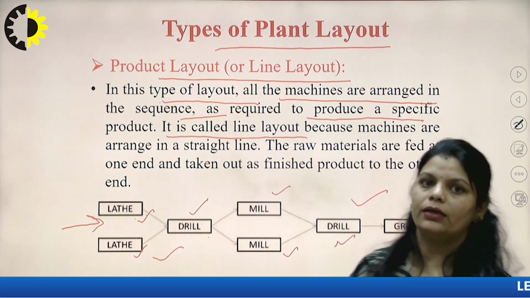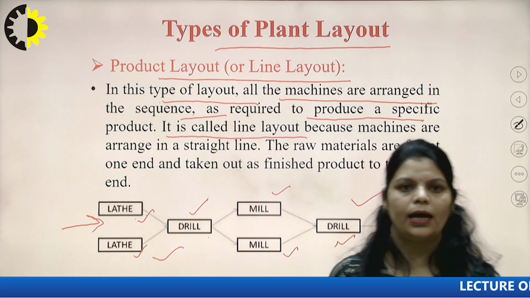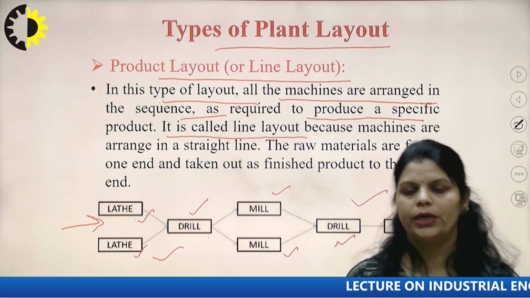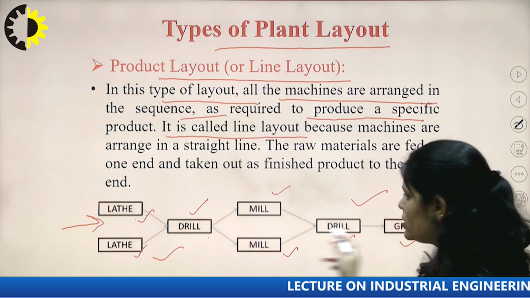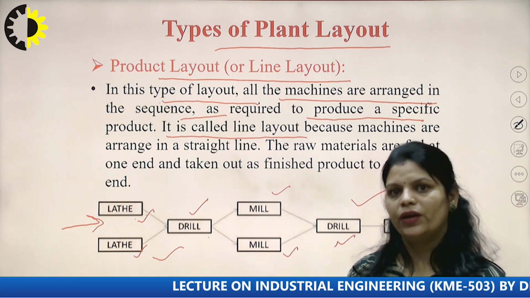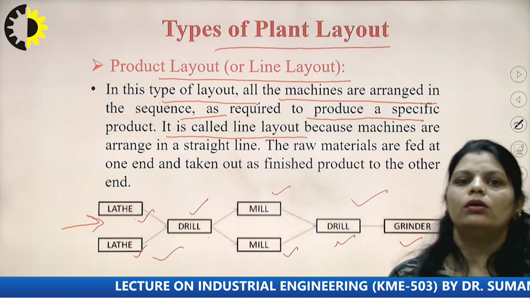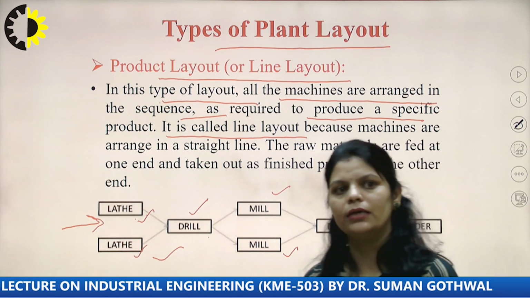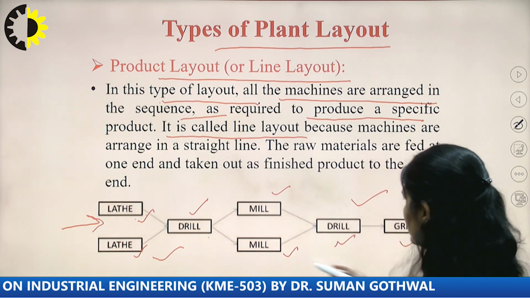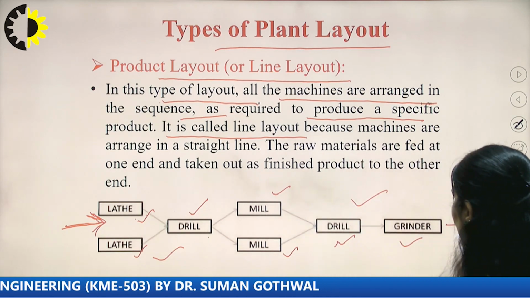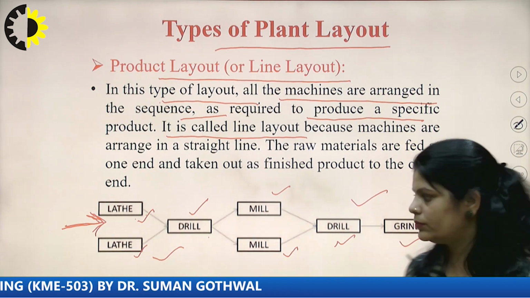That's why it is also known as the line layout, because the machines are arranged in a straight line, and the raw material is fed at one end, and the finished product comes out at the other end. Here we will provide the raw material, and here we will get the finished product.